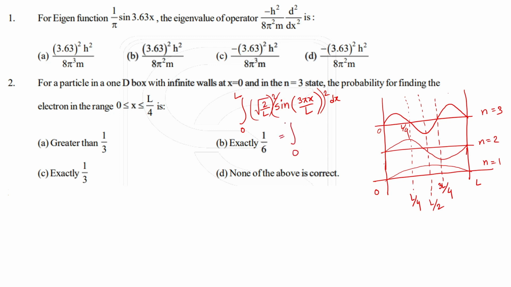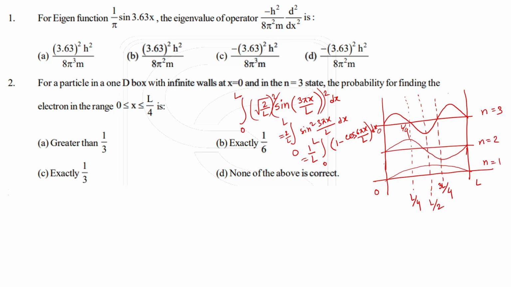It will be 0 to L, 2 by L sine square 3 pi x by L dx. Okay, which will lead to 1 by L, 0 to L, 2 sine square 3 pi x by L, which is 1 minus cos 6 pi x by L dx.